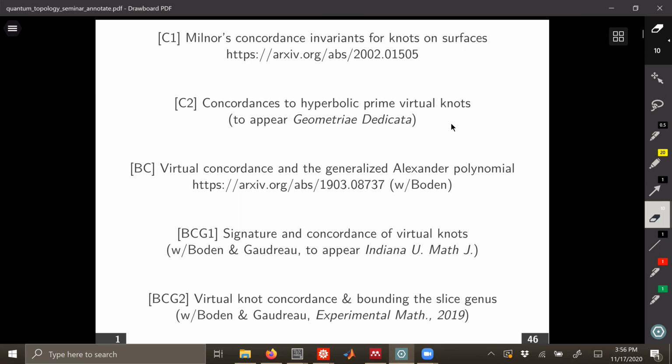We'll also talk a little bit about the paper Concordances to Hyperbolic Prime Virtual Knots and the paper Virtual Concordance and the Generalized Alexander Polynomial with Hans Boden. While we're going through the talk, we'll talk a little bit about some older papers with both Hans Boden and Robin Gaudreau. There's a lot of calculations in those papers which inspired the results in the more recent papers.